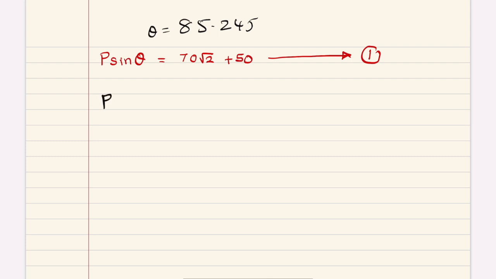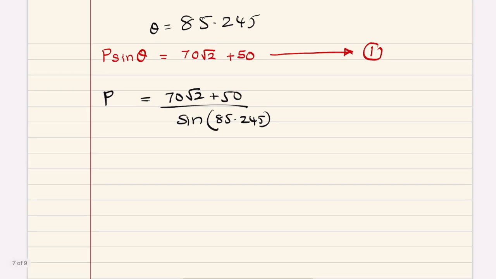So P is going to be 70 root 2 plus 50 divided by sine theta. Sine theta is going to be sine 85.245. So my P is going to be, type everything in the calculator, 70 root 2 plus 50 divided by sine 85.245.